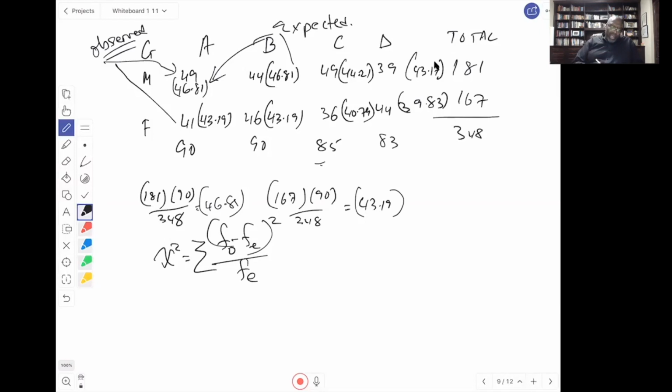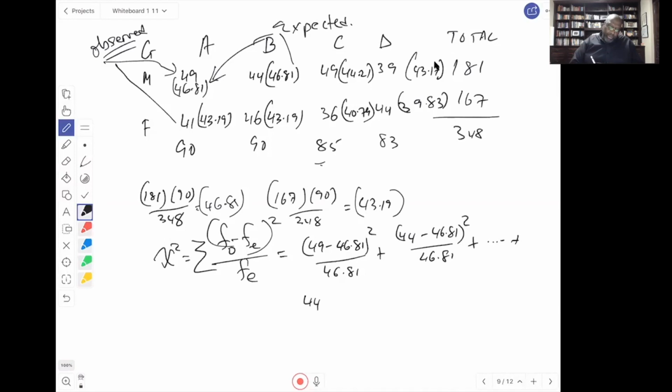So we actually need to go ahead and calculate chi-squared as follows for each of those things. Using that formula, we will do 49 minus 46.81 squared over 46.81 plus 44 minus 46.81 squared over 46.81 plus, and if we repeat that, there are 8 values, for the very last one, which is 44 minus 39.83 squared over 39.83.